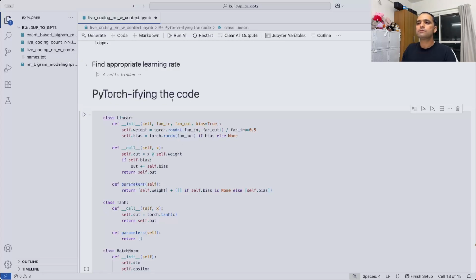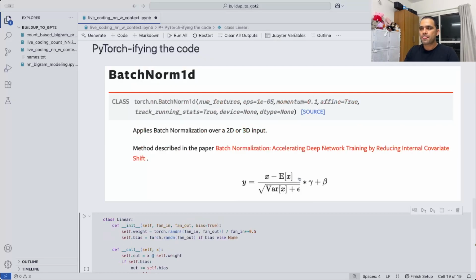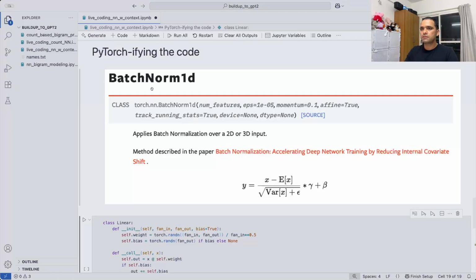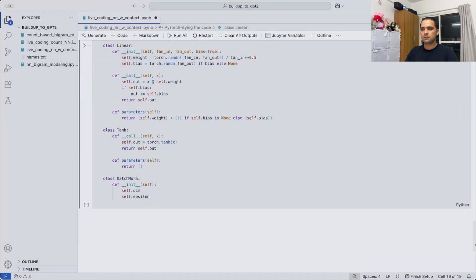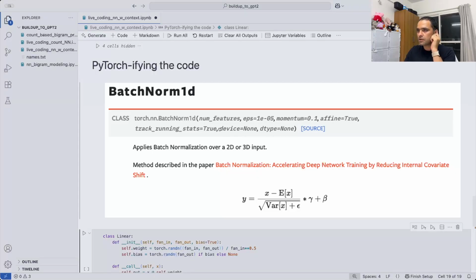Okay, so in PyTorch, this kind of batch normalization is named BatchNorm1d. Maybe we'll also use the same naming convention. So it takes as input the number of features, which is the dimensionality we took in.